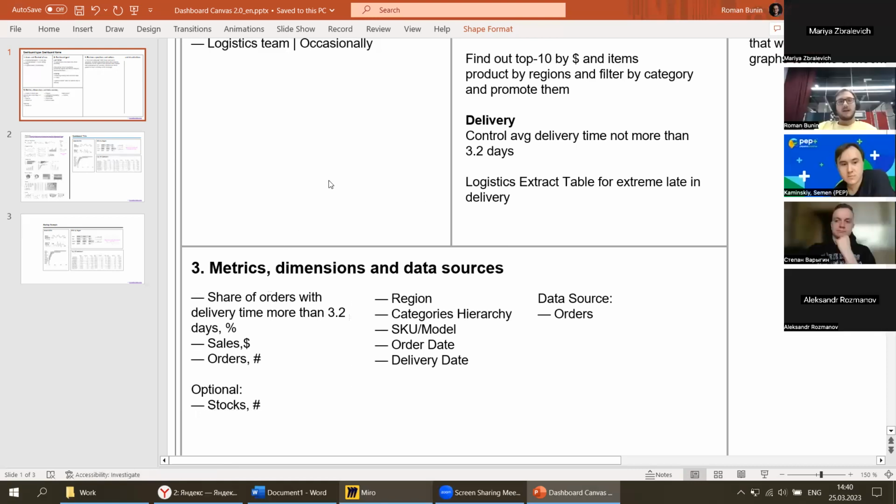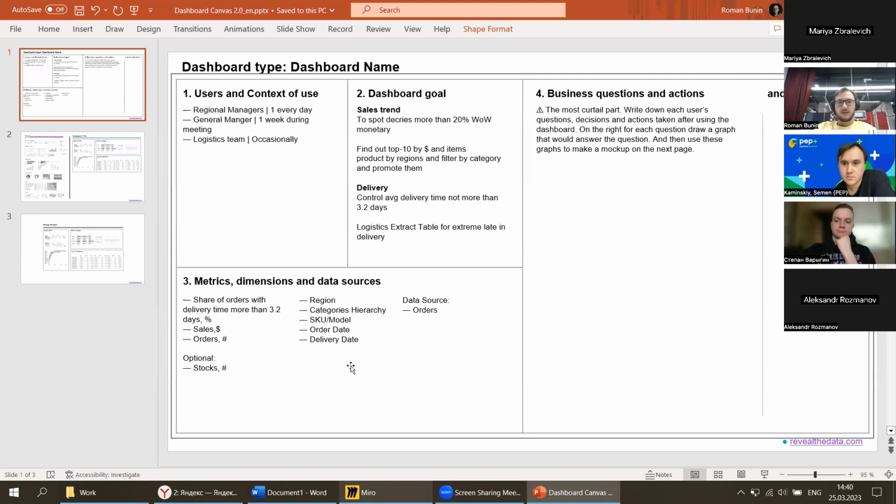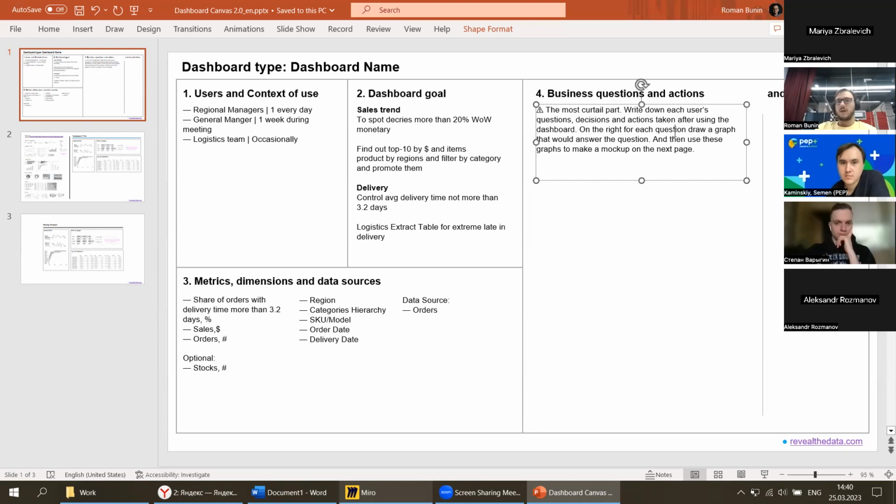Okay, move on. So the next step is the most crucial one. Now we shall create exact questions that are going to be discussed with business users. We almost did it when we described the dashboard goal, but maybe we will find out something more.